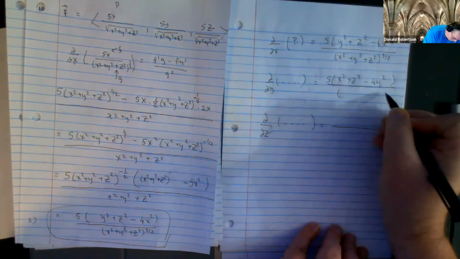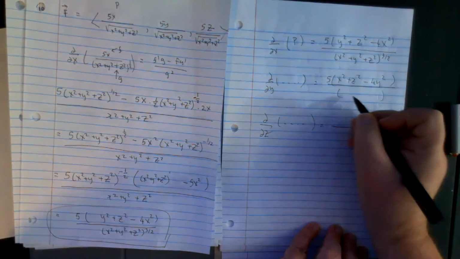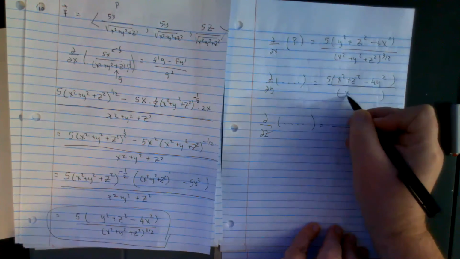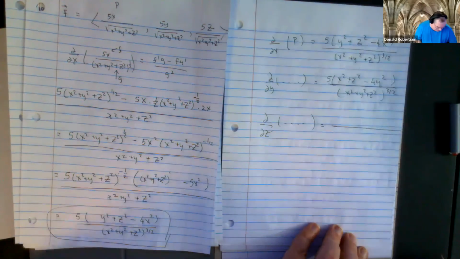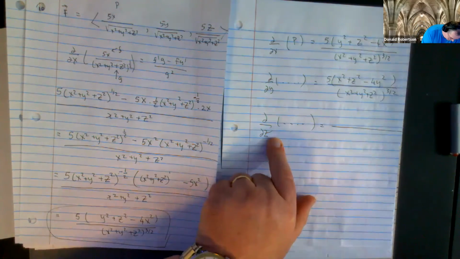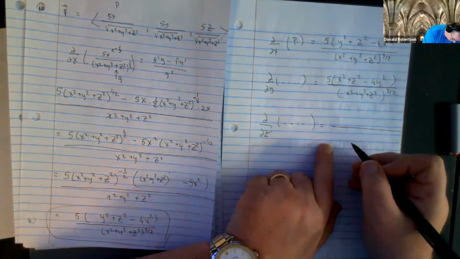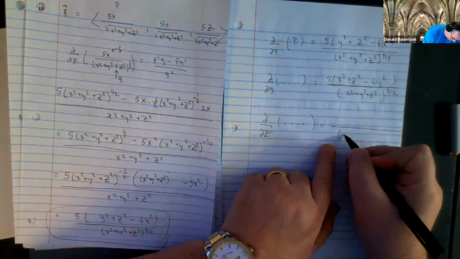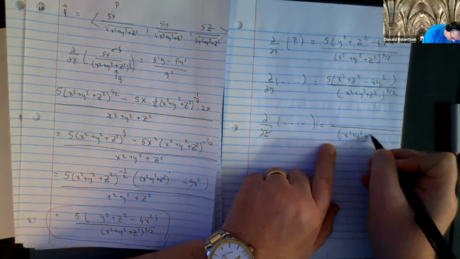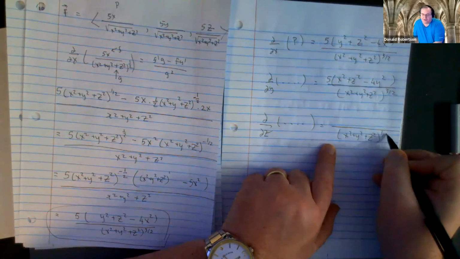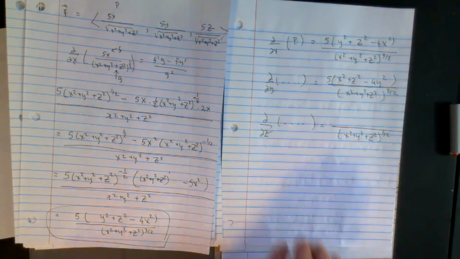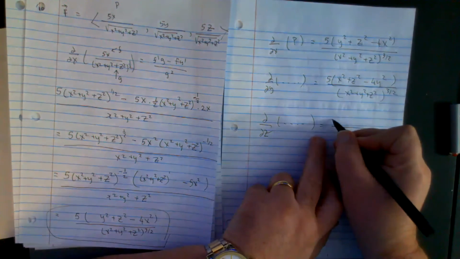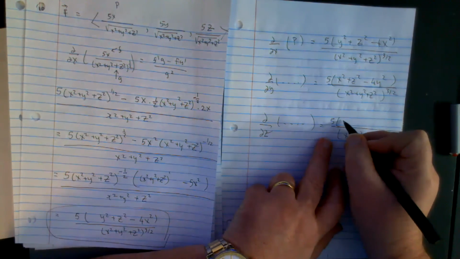And on the bottom, x squared plus y squared plus z squared to the 3 halves. Correct. Is that what you were thinking, Tessa? Right. And for this one then, I'll do the bottom. I'm doing the easy bit. What will the derivative with respect to z be? It would be 5 times the quantity x squared plus y squared minus 4z squared.